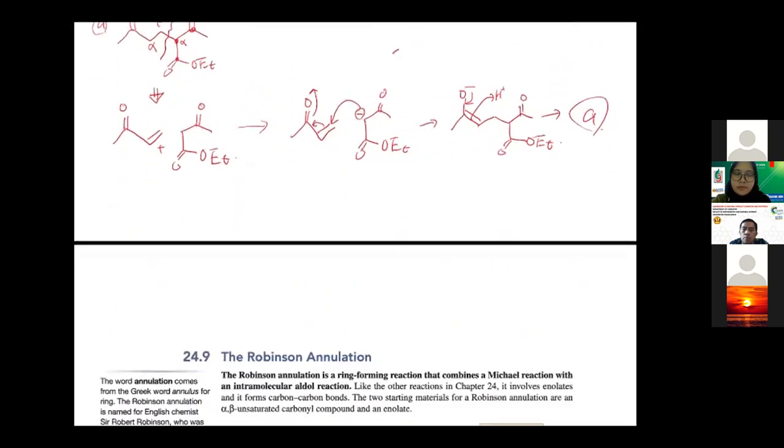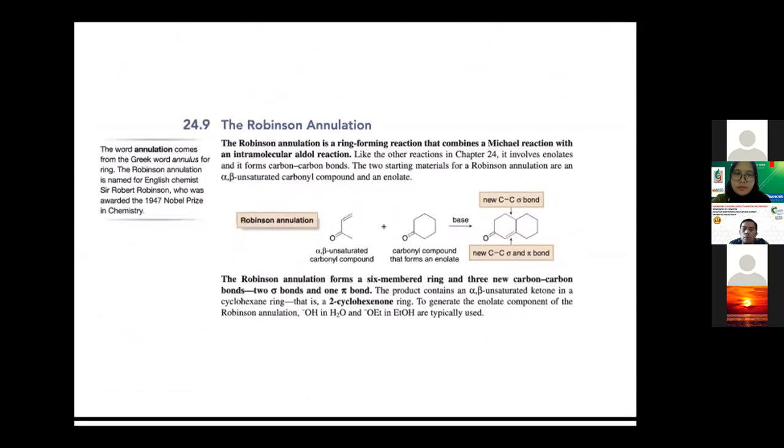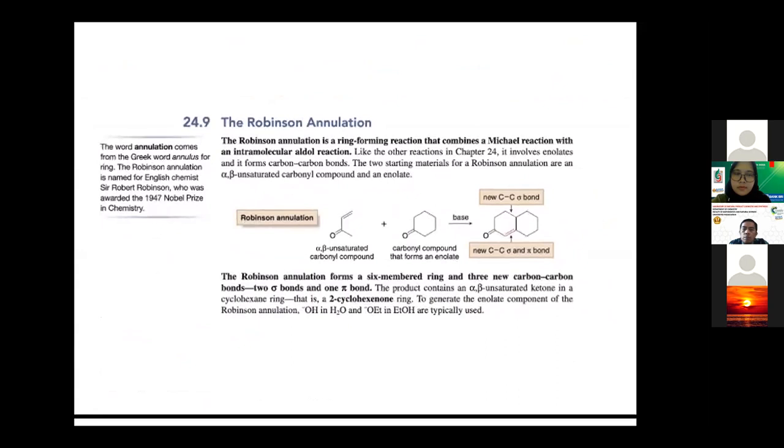Okay, next. So the Robinson annulation. Yes, this is the ring forming reaction combining the Michael reaction and the intramolecular aldol reaction. At first, this reacts with the Michael reaction. First Michael reaction.